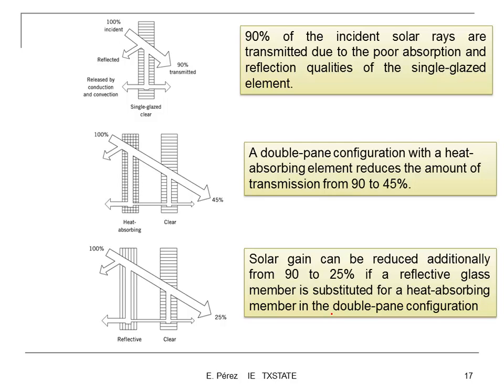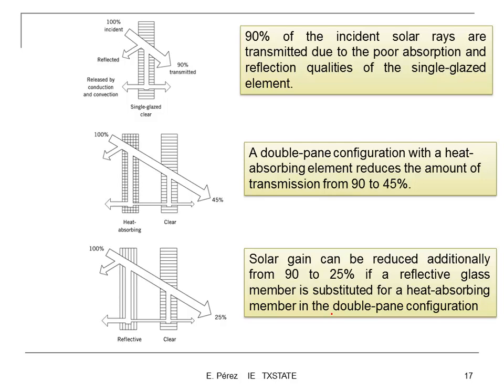So if you only have a roof, single glaze type of roof that is clear, then 90% of the incident solar rays are transmitted due to the poor absorption of the reflection quantities of the single glaze element.